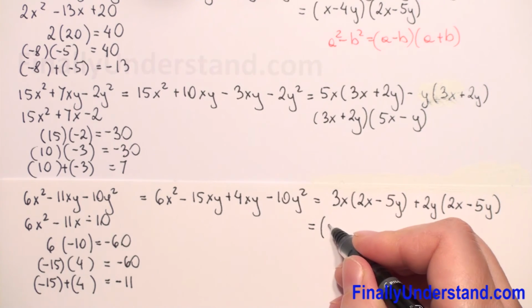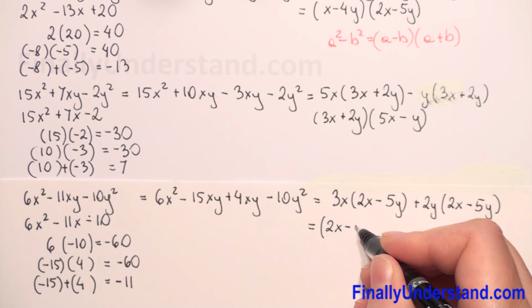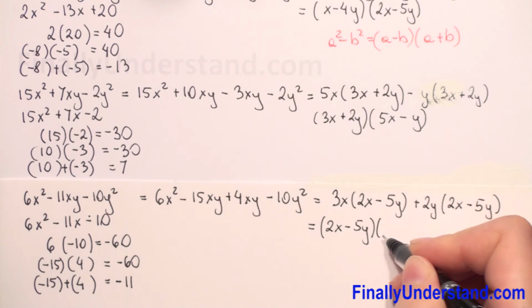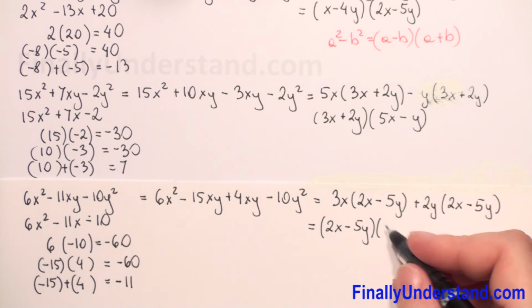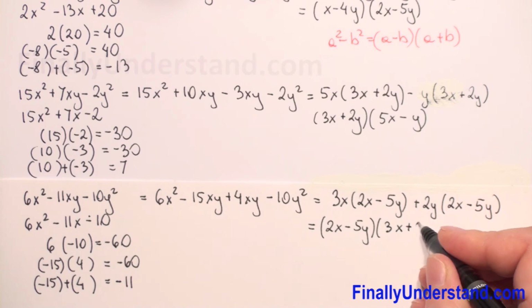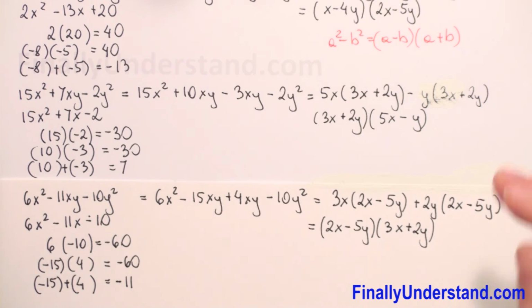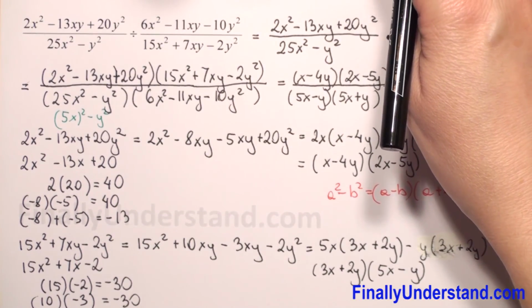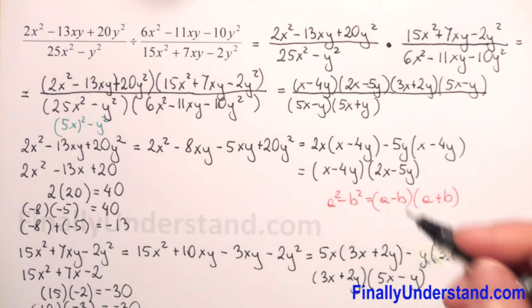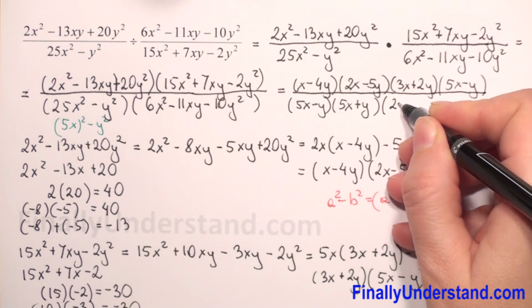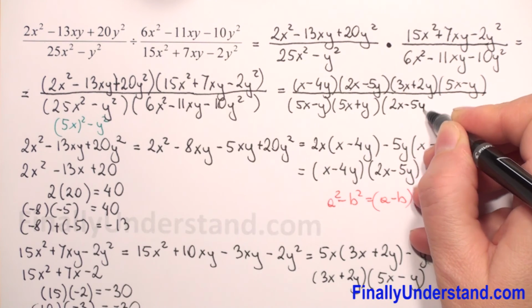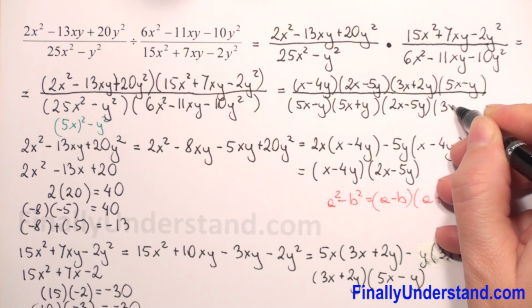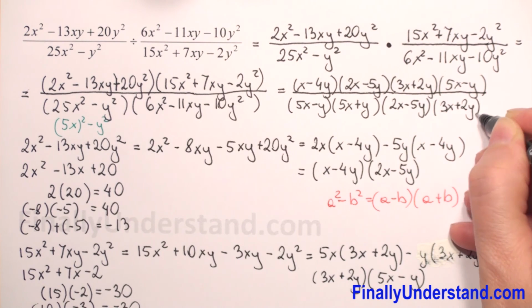So we have 2x minus 5y times whatever is left, so 3x plus 2y. So now we can rewrite the last parenthesis as 2x minus 5y times 3x plus 2y.